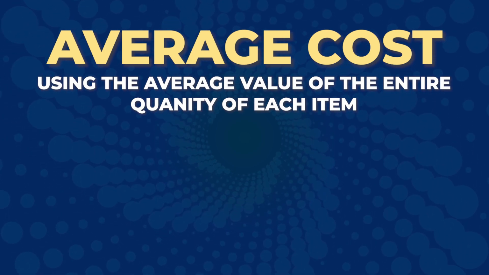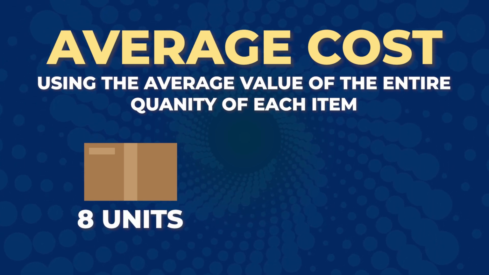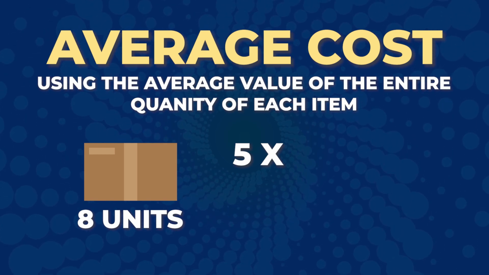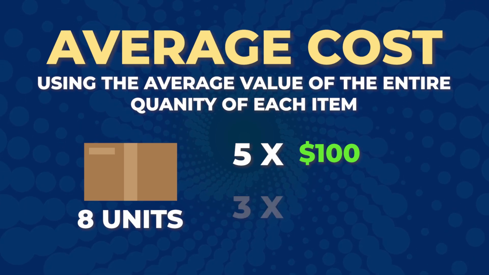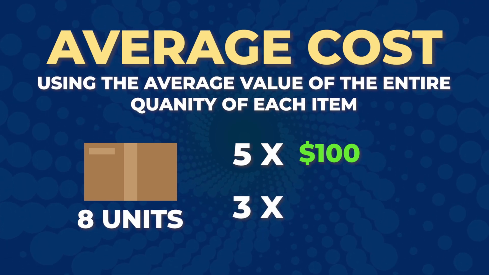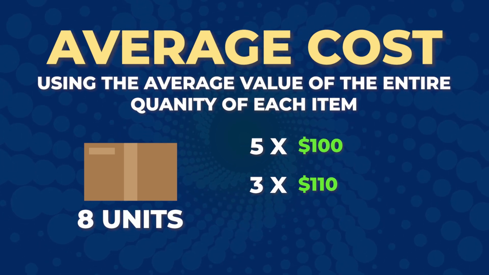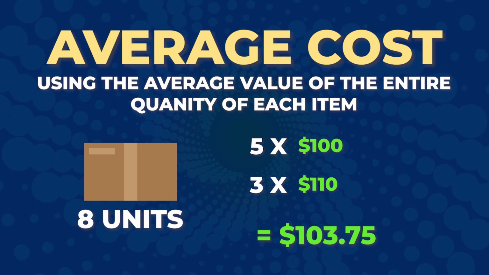Let's say, for example, we have a stock item that we have 8 units of it in stock. We bought 5 of those units from one supplier for $100, and we bought the other 3 units from another supplier for $110. This would make our average stock value per unit of $103.75.